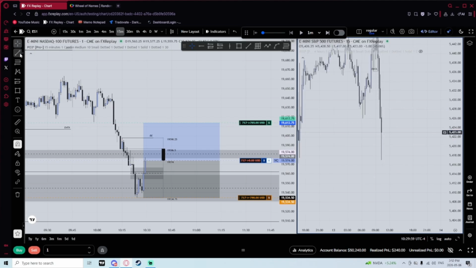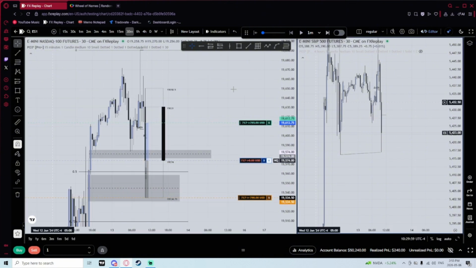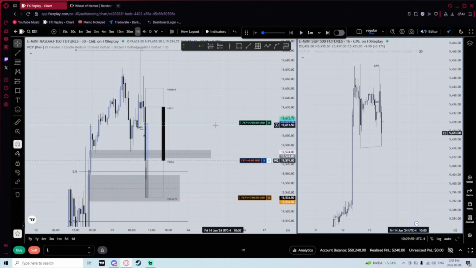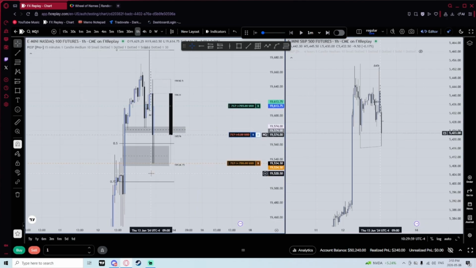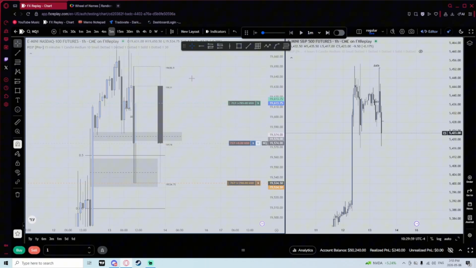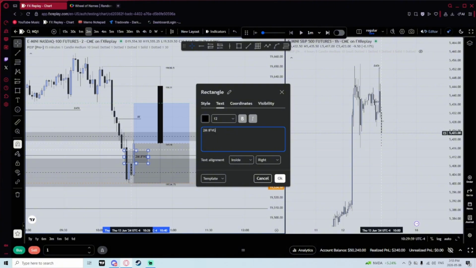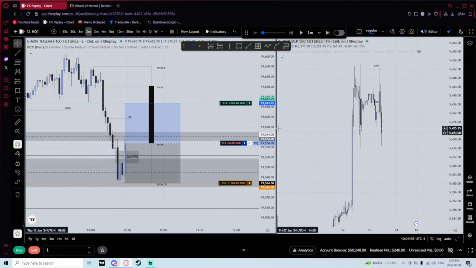Ugh, I don't like that. But again, both assets. Fuck, we didn't get true manipulation here. Now that I'm looking at that. Oh, never mind. That's this low. I'm an idiot. Okay, 2-minute IFVG. Let's take this one home, shall we?